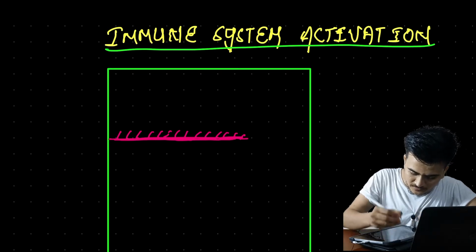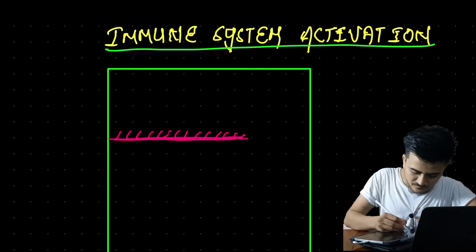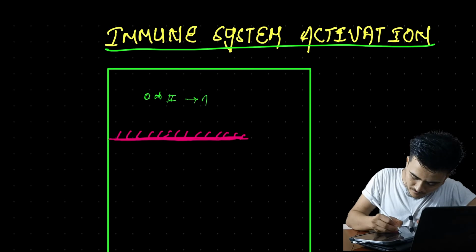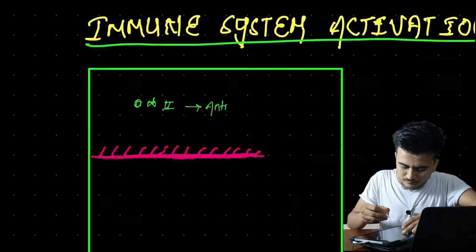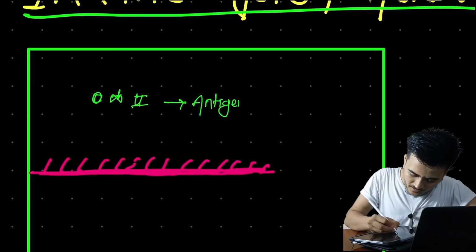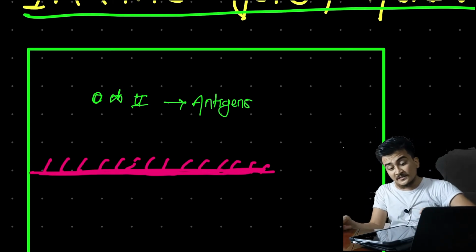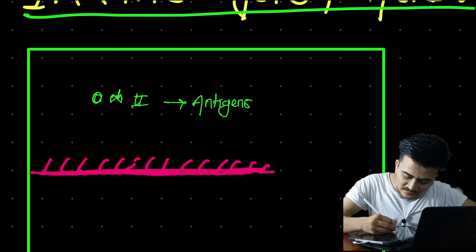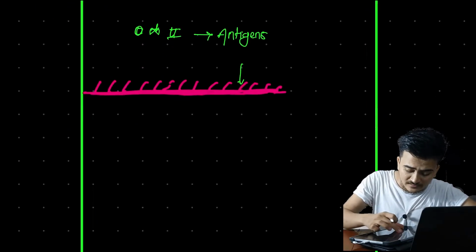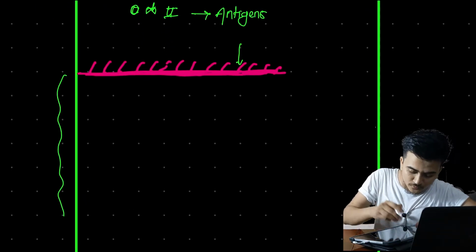Let me draw with a different color. These are antigens, and these antigens are in different forms: microorganisms, viruses, bacteria, and these are present in the environment. They can't enter inside our human body. This is all our human body.